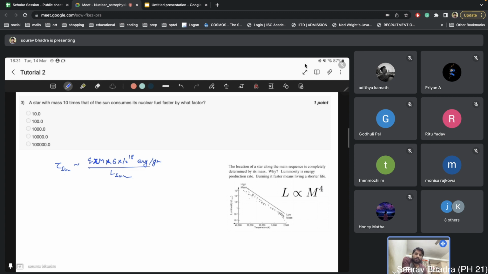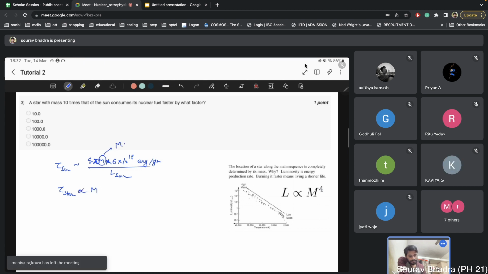That will give you the lifetime of the Sun. So the lifetime of any star, not only the Sun, is proportional to the mass of the star.